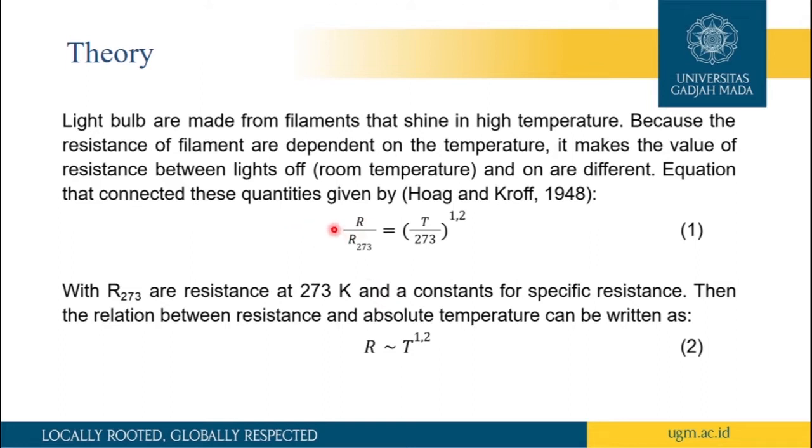You can see that the resistance is equal to the temperature to the power of 1.2, with R273 the resistance at the temperature of 273 Kelvin and a constant for specific resistance. Then, the relation between the resistance and absolute temperature can be written as equation number 2, as you can see on the screen. You can see that the resistance is proportional to the absolute temperature to the power of 1.2.